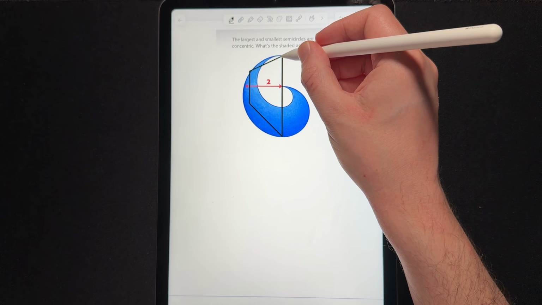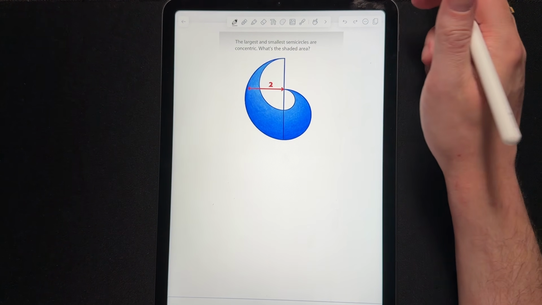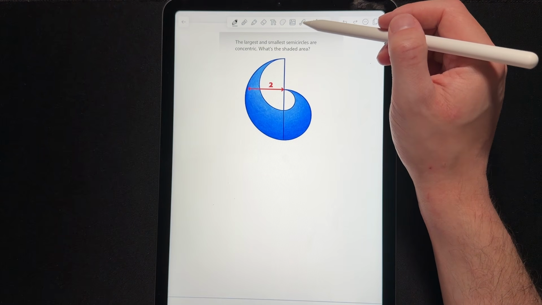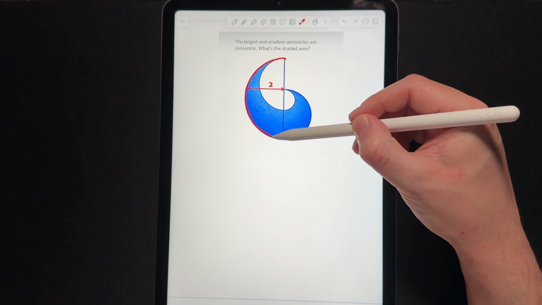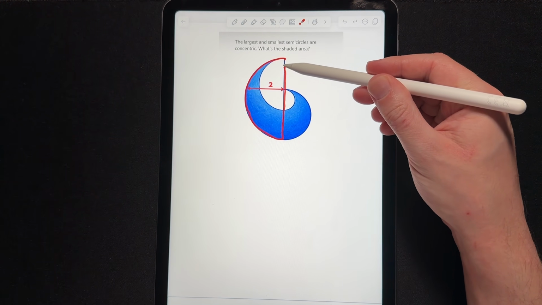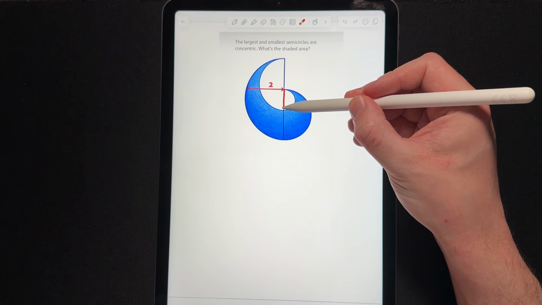This is the biggest semicircle I can see. You guys get the idea. This shape around here. And the smallest semicircle I can see is this tiny little one in here.